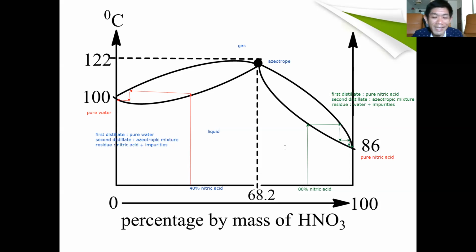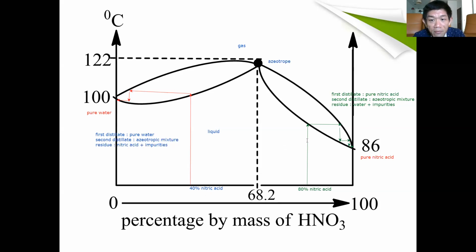Again, from the STPM angle, if they ask what the first distillate and second distillate are, then you should answer like this. What if the question only asks for the first distillate and the residue? In this case, if we start at 40% nitric acid, your first distillate will be pure water, and your residue will be azeotropic mixture.